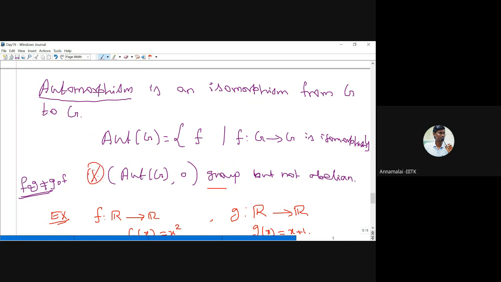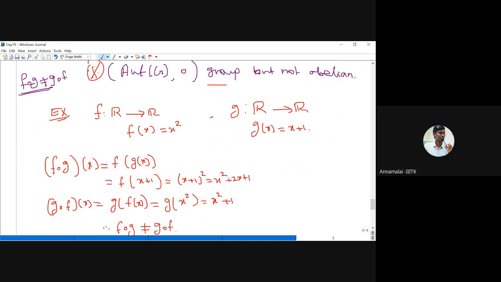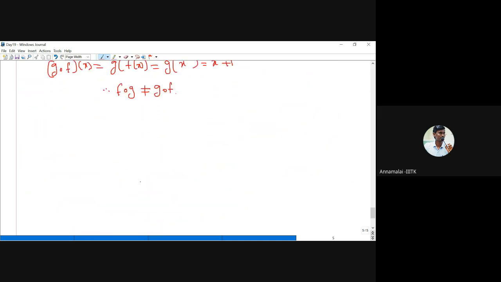Now in that group we want to give some subgroup, not only a subgroup but a normal subgroup. That is, we are collecting some special type of function, some special type of automorphism. So we define the special collection.